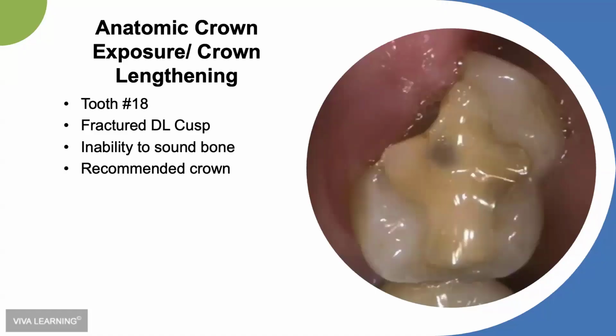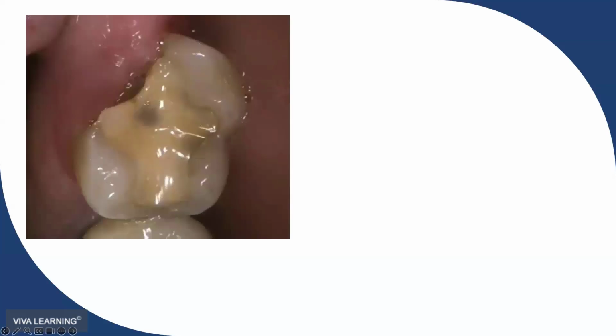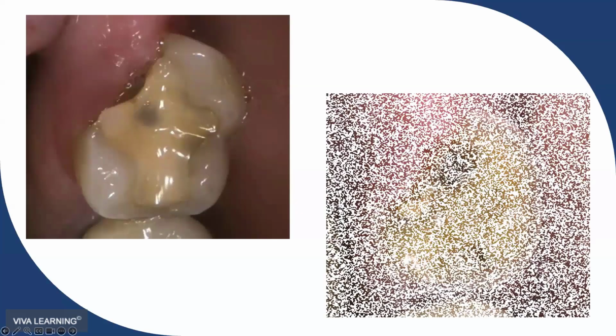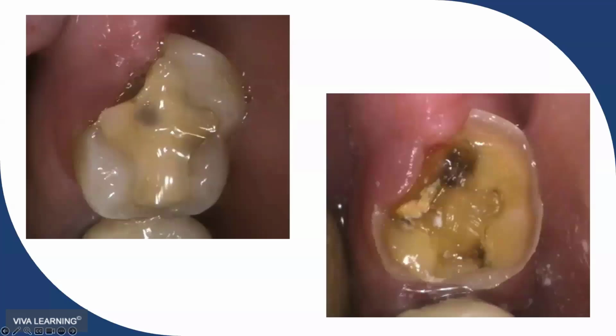So, okay. Other things you all might see, anatomic crown lengthening here. We have this broken cusp, all this tissue grown in. Now what, right? Definitely this is where I like to have that laser on and ready to go. So in that case, then I start to remove some of that tissue, get the prep done.